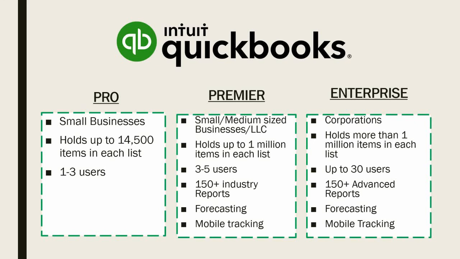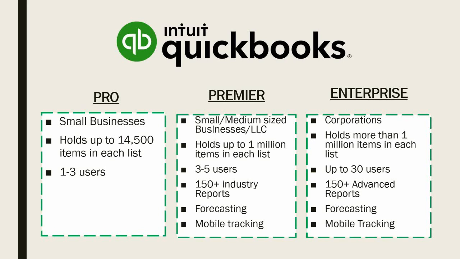Of course, with major corporations, you're going to have your accountants, your sales representatives, your advertising team, your promotion team. You're going to have a bunch of people that need access to QuickBooks so they can update the books at the same time. So that's what these users mean, okay? You can have up to 30 users using the same program, same file at the same time. So that is what's really cool about that.